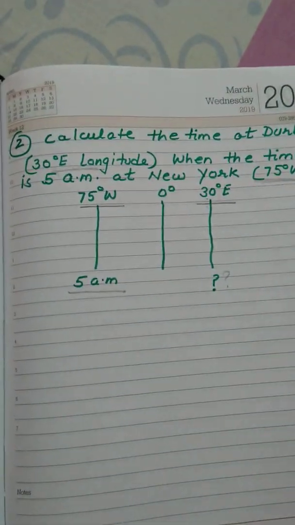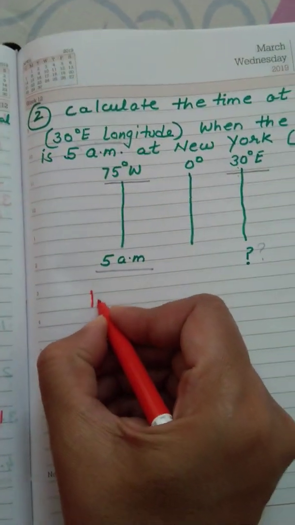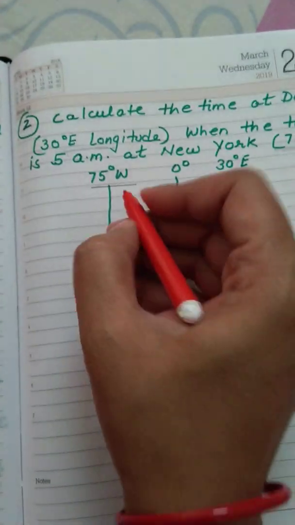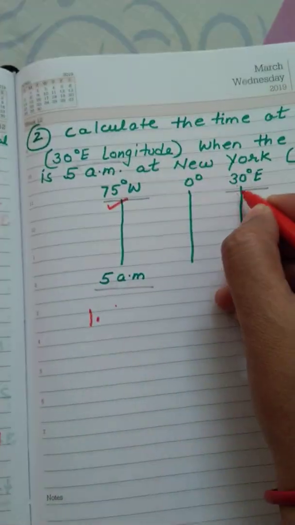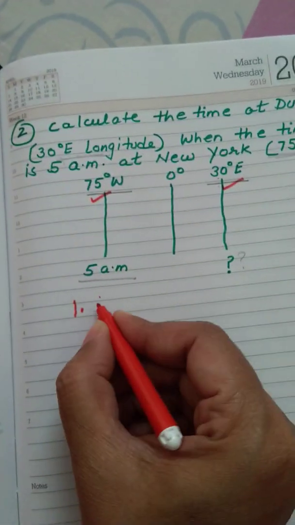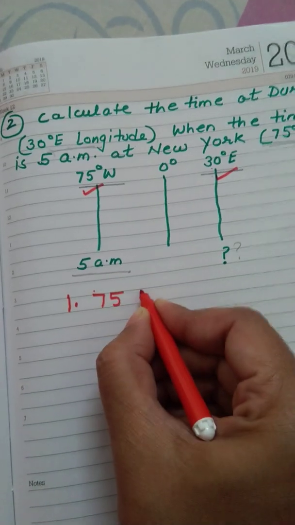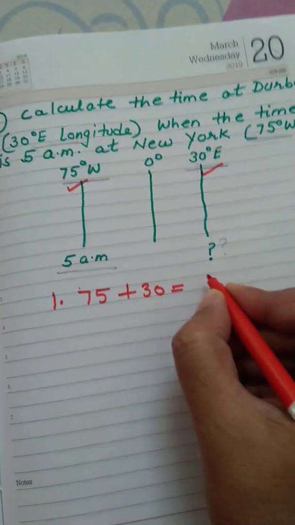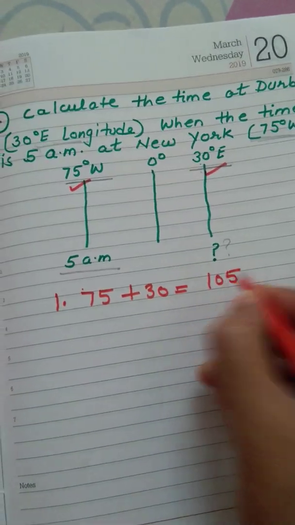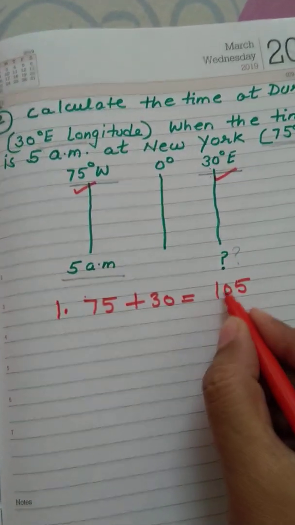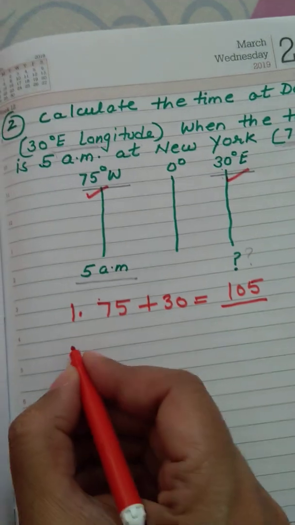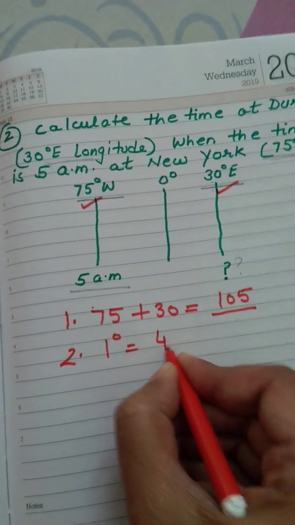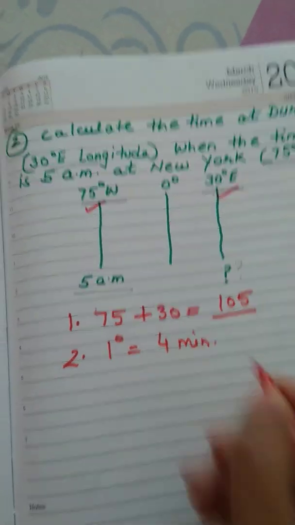Now what do we have to do? The first step is to add these longitudes. 75 plus 30. So what will be the answer here? 105. So we have the total longitude 105. In the second step, as we know, 1 degree takes 4 minutes.